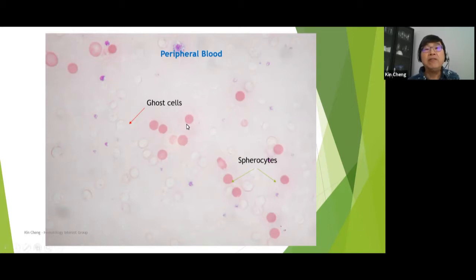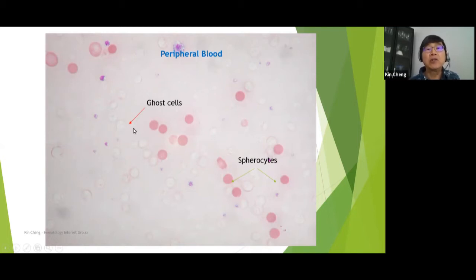On a normally prepared slide, there should be a lot of red cells, but on this slide there are only a few red cells, as you can see, the red dots. But there are lots of little holes. I hope you can see these little holes, lots of holes on the slide, right?